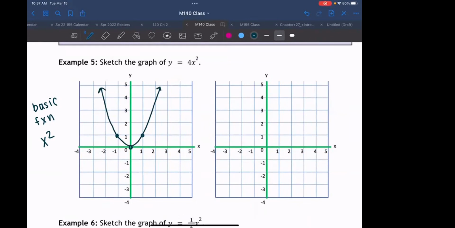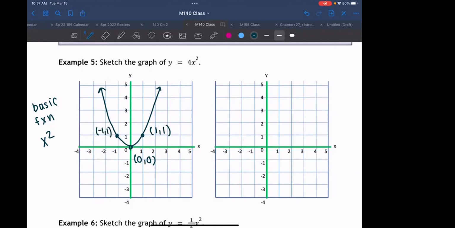Okay. And what we're going to do here is take each of the points and multiply their y values by 4. I don't know what's the best way to do it. Last time I did it with a chart. Let me try doing it with the coordinates. So I'm going to take each point and label the coordinates: 0, 0, 1, 1, negative 1, 1.